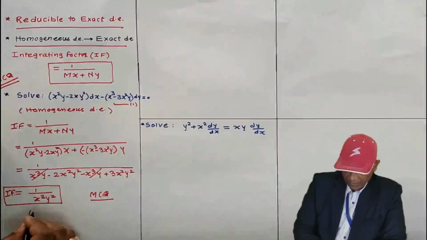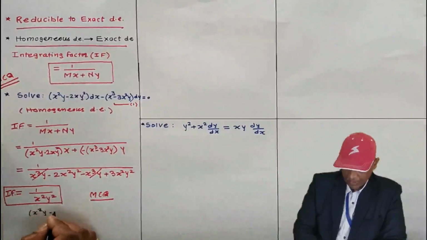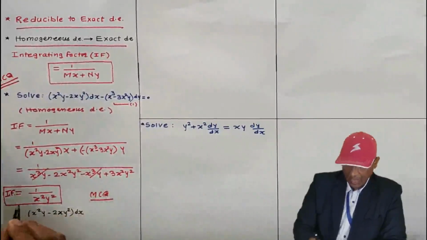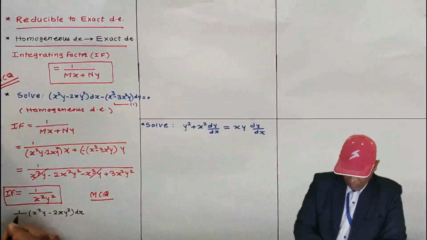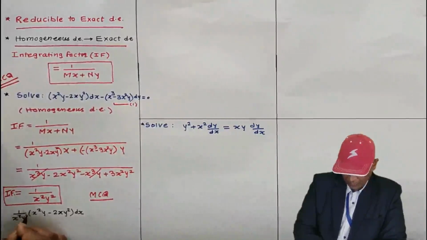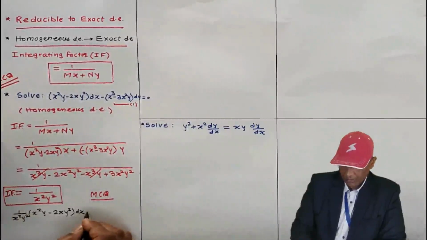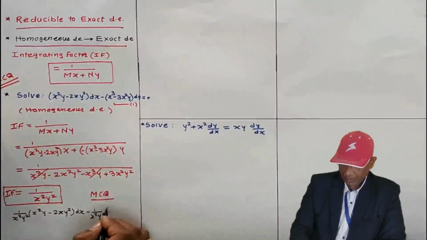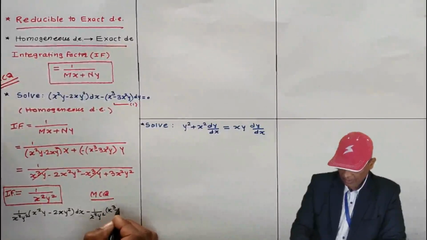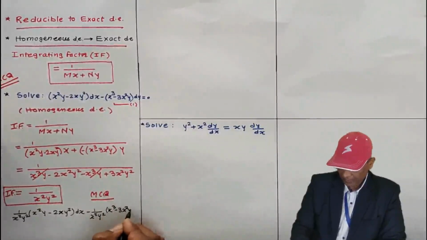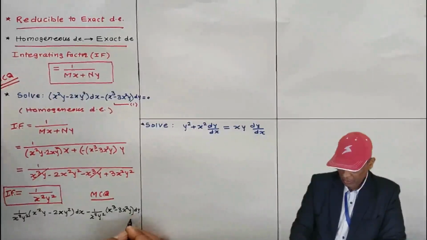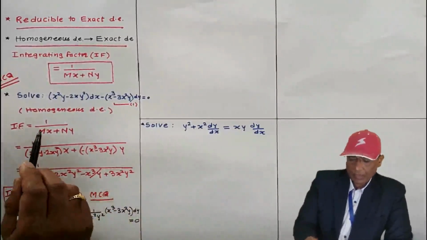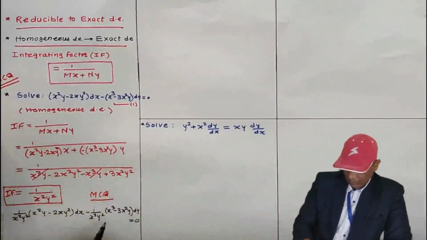See, x square y minus 2xy square dx, I am multiplying this by 1 by x square y square, and minus of 1 by x square y square times x cube minus 3x square y dy equals 0. We multiplied both sides by 1 by x square y square.